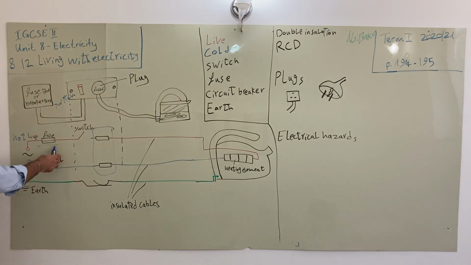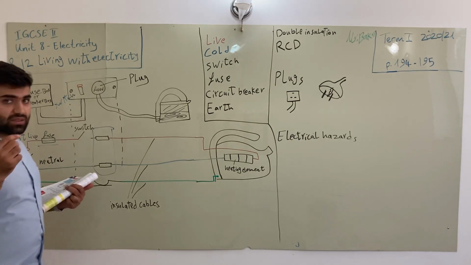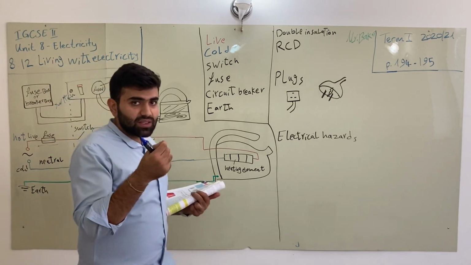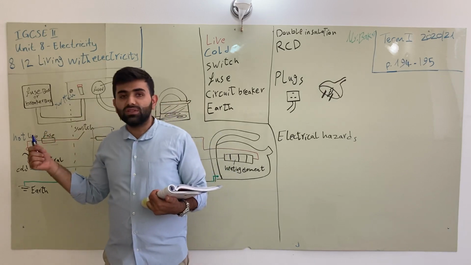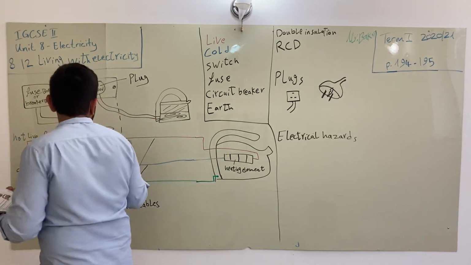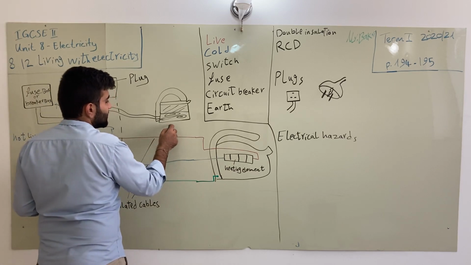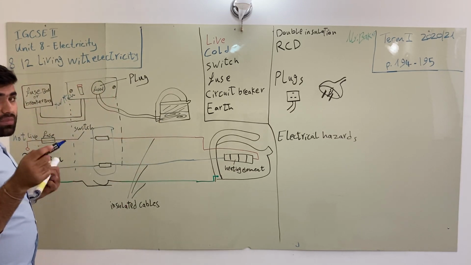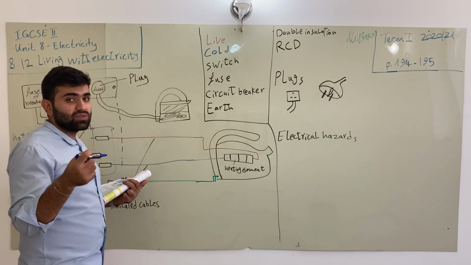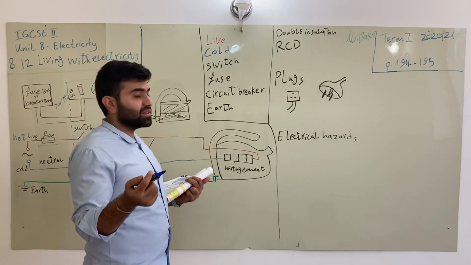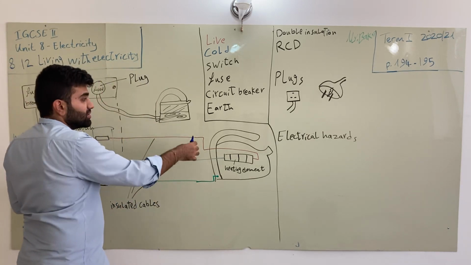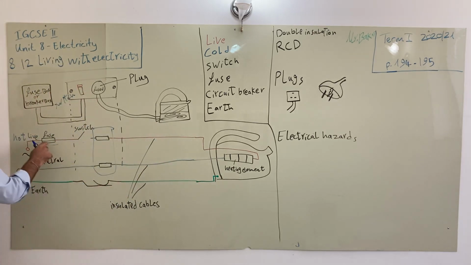So what is the fuse? The fuse is a thin filament wire that will melt when it's overloaded. For example, this heater takes 9 ampere or 10 ampere, but the fuse we should put is 13 ampere. So when it's really overloaded, the fuse will cut or will explode.